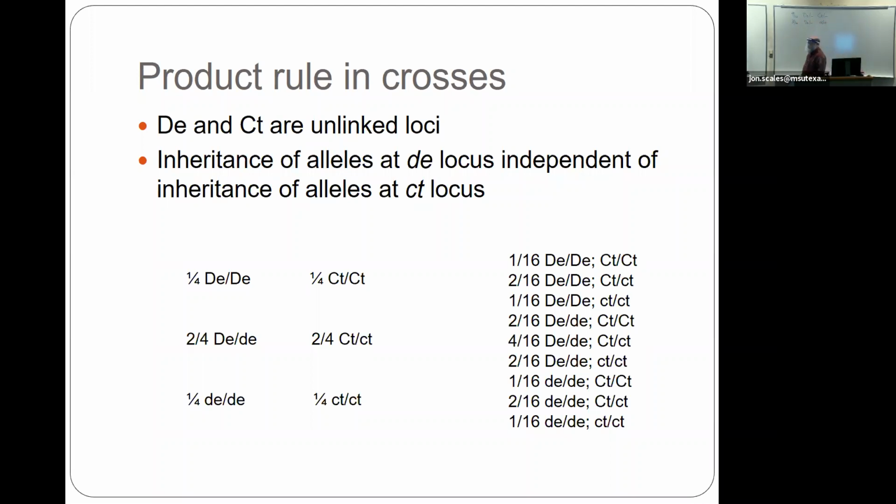Which of the genotypes would that be? Would be that one, right? And it would include this one, or these two. So that's the 3. And then it's possible that 3/16 of them would have droopy ears, but regular tails.